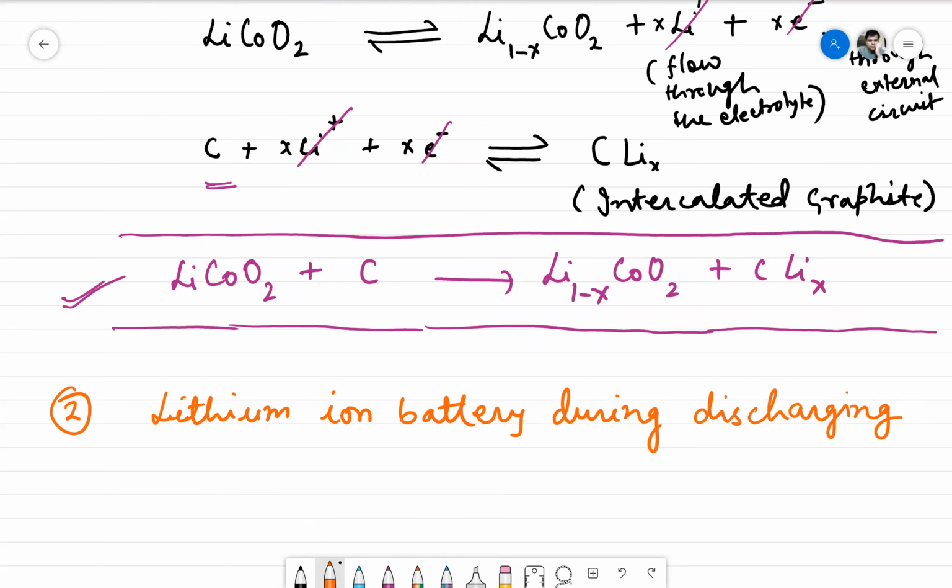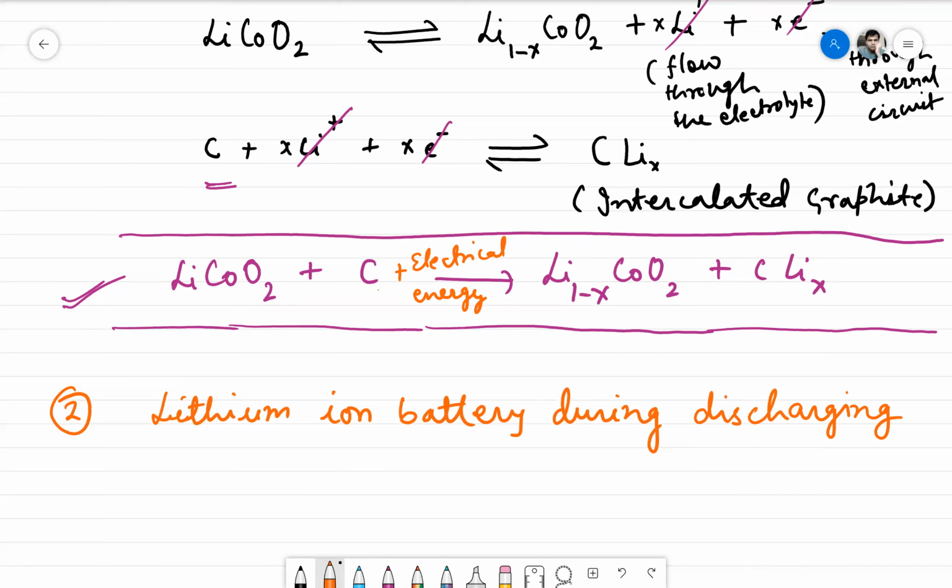Remember that while charging, we are supplying electrical energy from an external source. Because of this, the lithium ions move from the lithium cobalt oxide to the graphite layer.